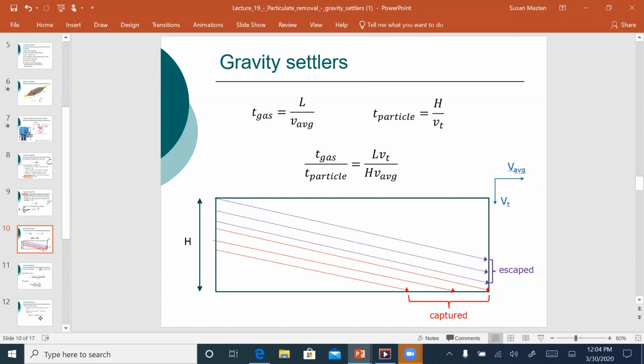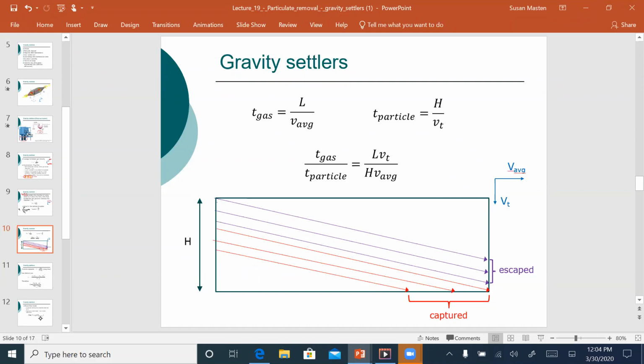These particles here can escape. They come here, they move, and they actually escape, so those particles are not going to be removed. These particles here, the red ones, are captured.